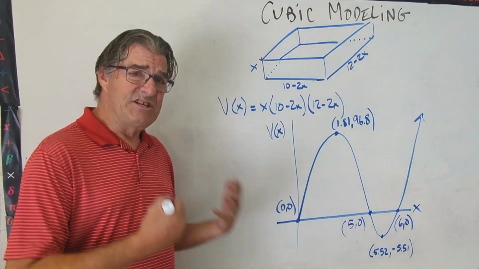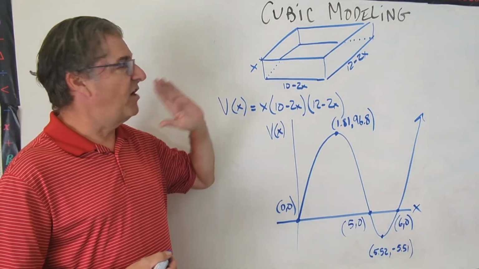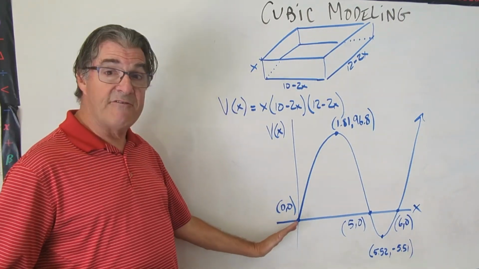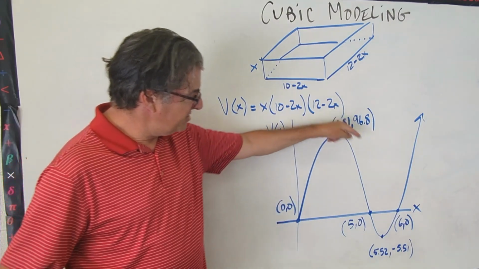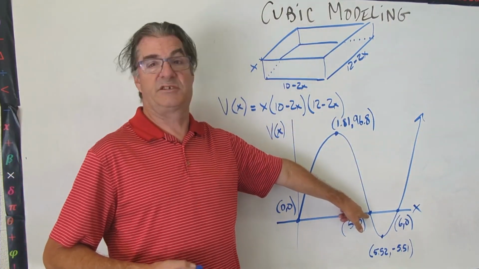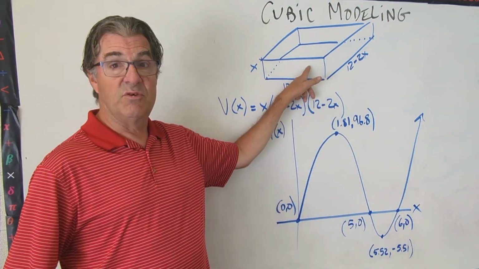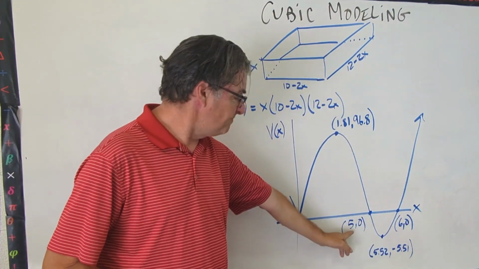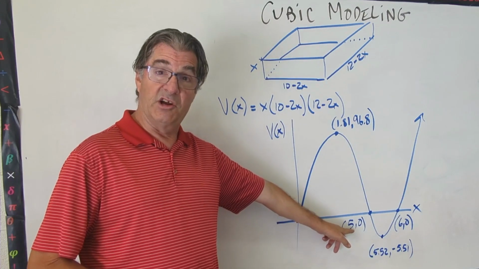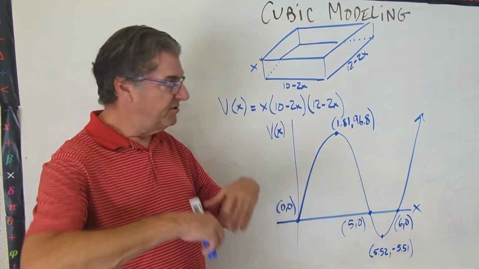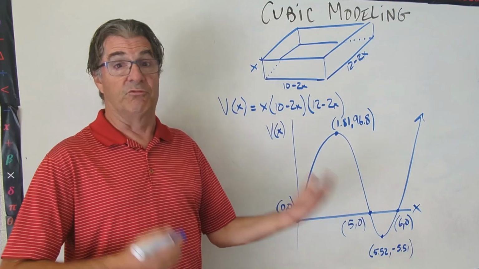But again, that doesn't really make sense in terms of our word problem. Pretty much the graph, as far as our problem goes, just stops here. The rest of it is certainly valid mathematics, but it doesn't apply to our situation. Once we pass a 5 centimeter cut out of the corners, the equation no longer models reality.